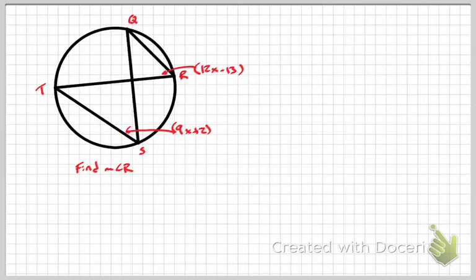Moving on. So here's just a couple example problems. It says find the measure of angle R. Well, in order to find the measure of angle R, we have to solve for x.